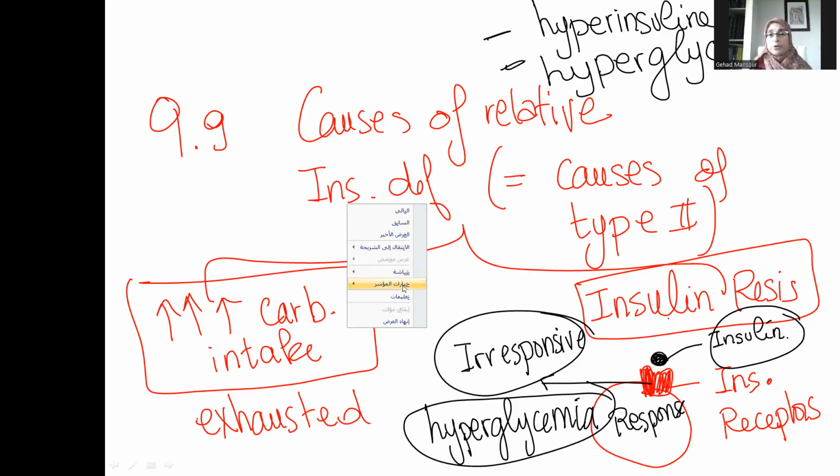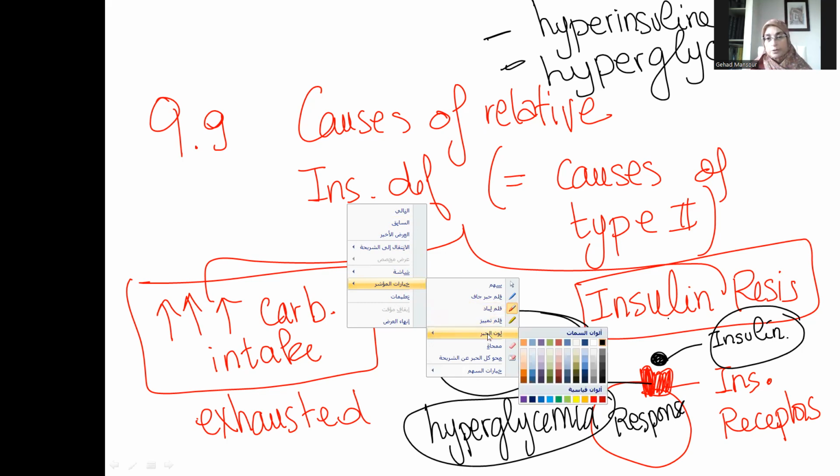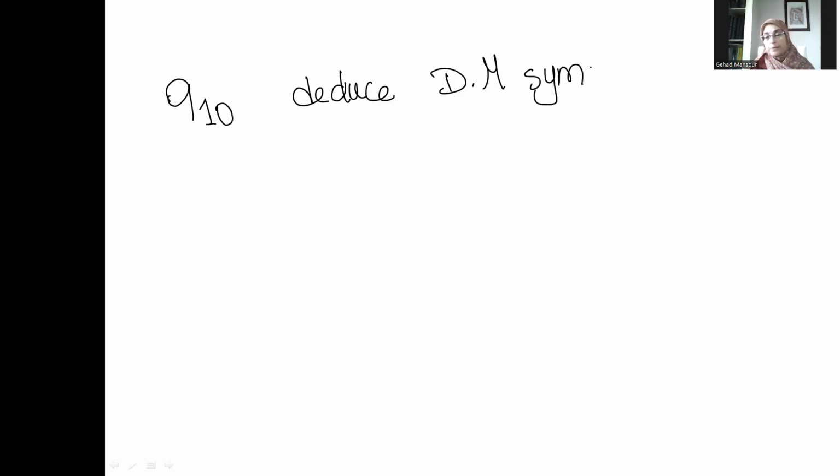And now we come to maybe the last but most important question, which is how to deduce all diabetes symptoms from hyperglycemia. So how to deduce diabetes mellitus symptoms starting by hyperglycemia.